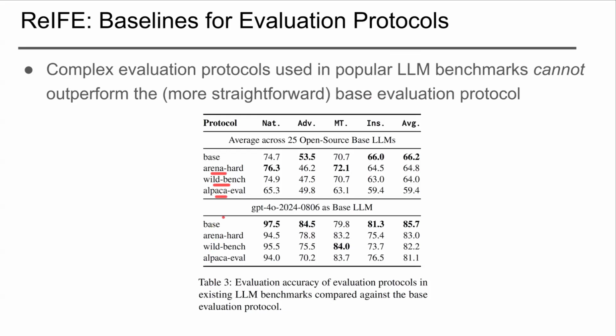And we find that those types of prompts don't work quite well here. You can just use a simple baseline prompt that asks the model to compare the two outputs and say which one is better. So the first thing is that a straightforward prompt usually works better than the more complex evaluation protocols used in other benchmarks.